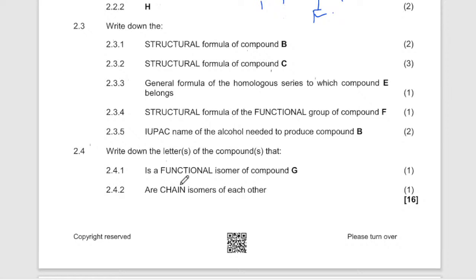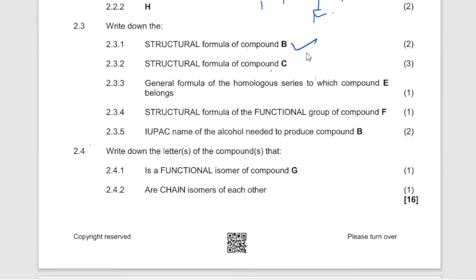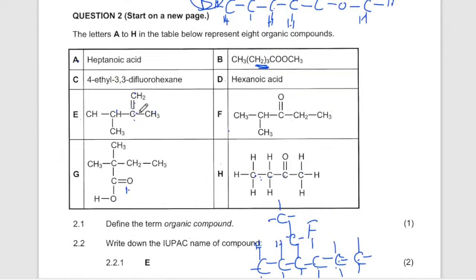Okay. All right. Let's go to question 2. Yes, H, we are done with it. Write down the structural formula of B. Yes, I'm done with this, done with that. The general formula of the homologous series to which compound E belongs: compound E is an alkene.